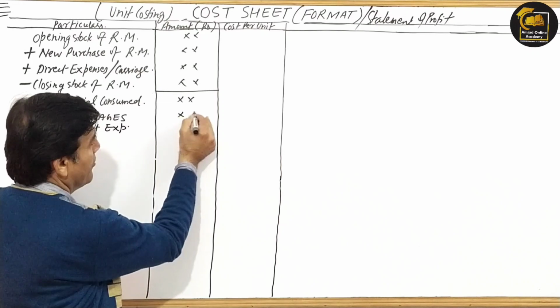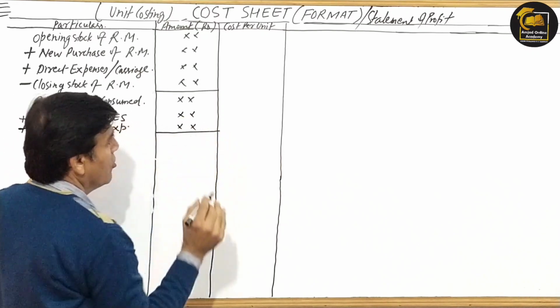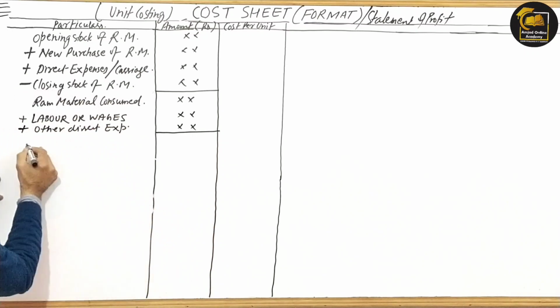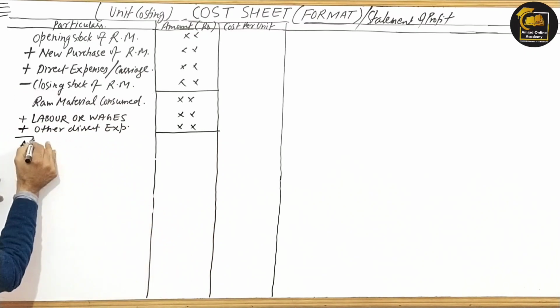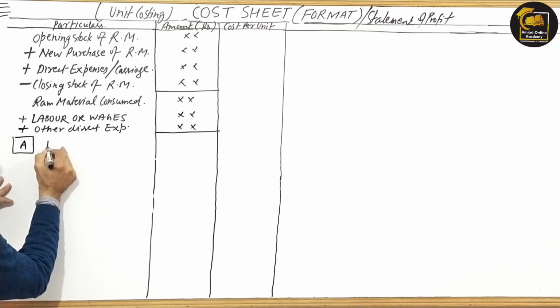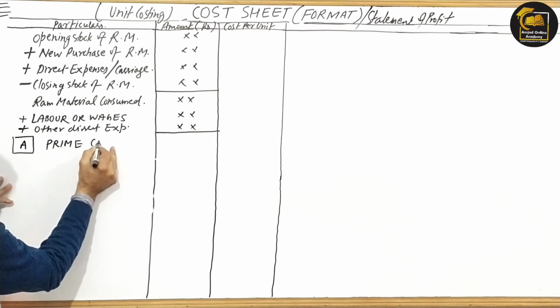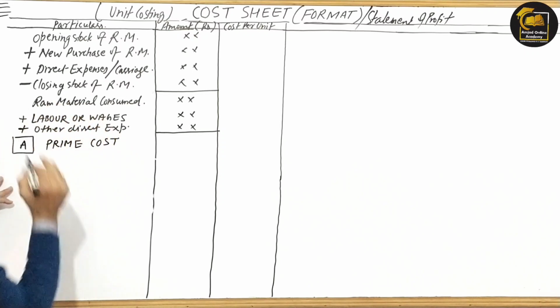When you add here, this will be the first primary head of your cost sheet, known as A head. As I have told you, there are four main heads. So this first A head you have calculated will be known as prime cost. Please keep this in mind.